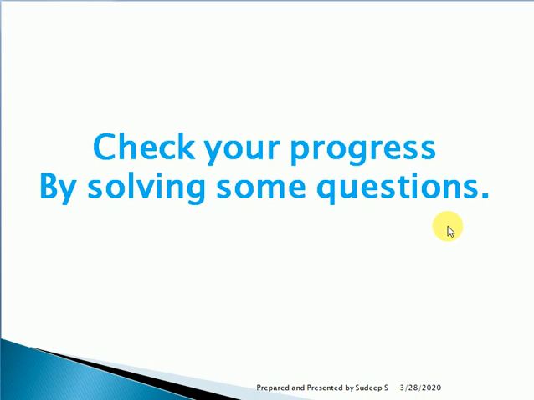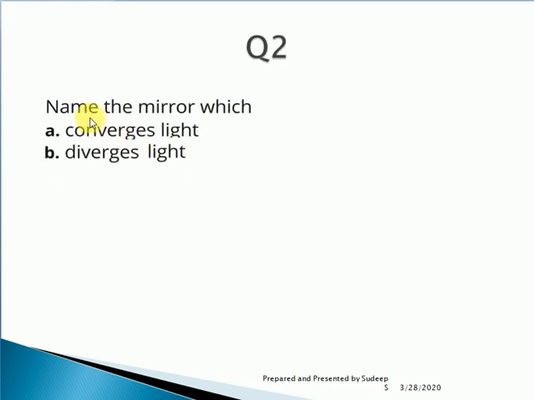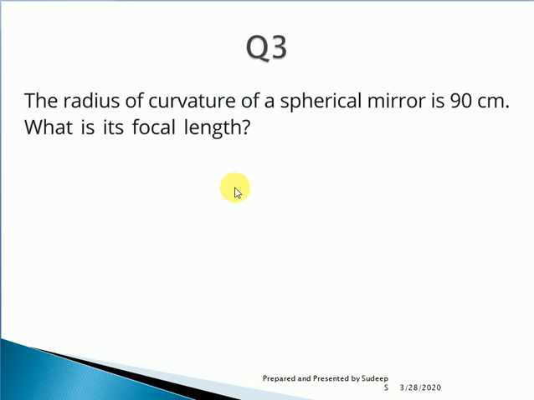Check your progress by solving some questions. Question 1: Name the mirror whose focus is A, in front of the mirror, B, behind the mirror. Question 2: Name the mirror which A, converges light, B, diverges light. Question number 3. The radius of curvature of a spherical mirror is 90 centimeter.